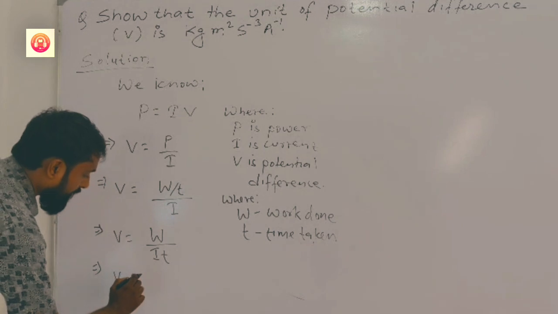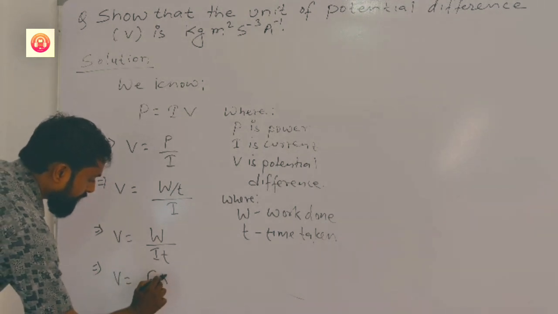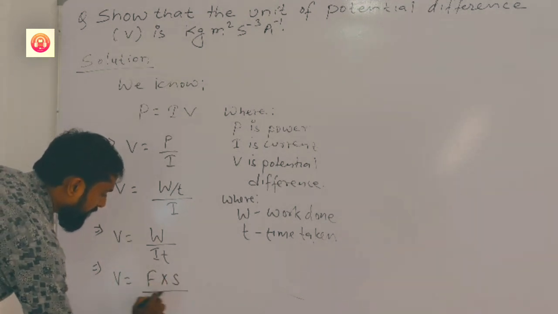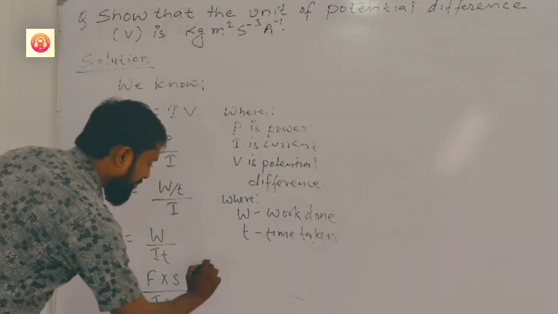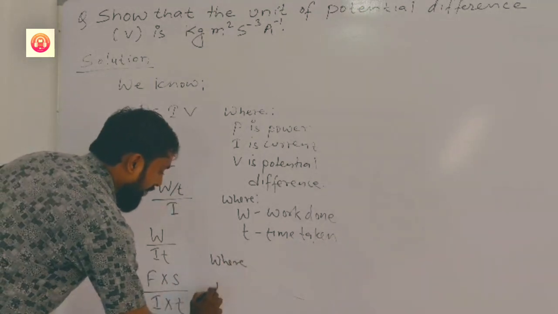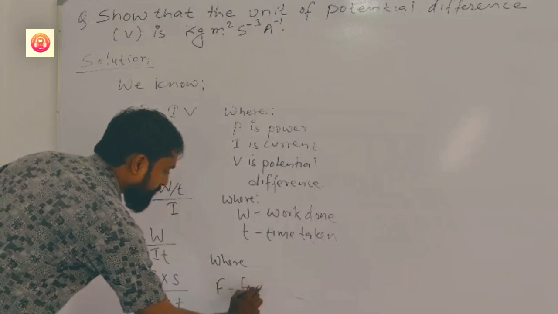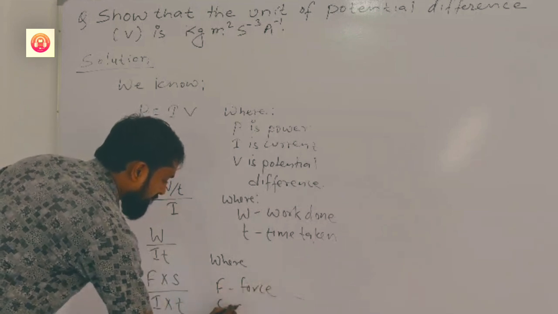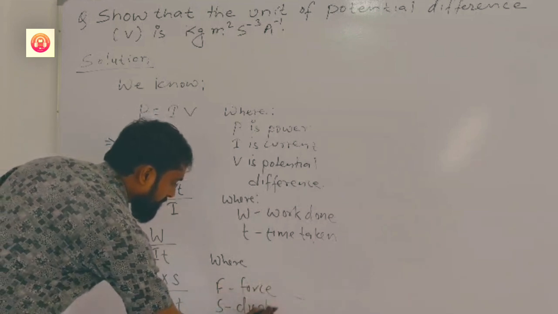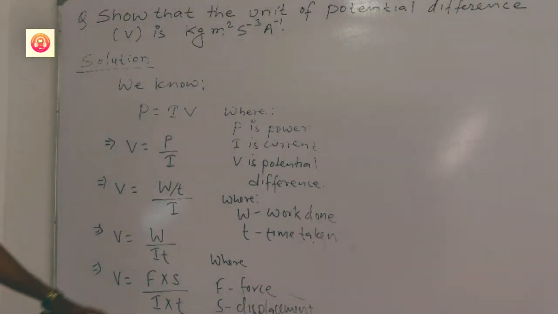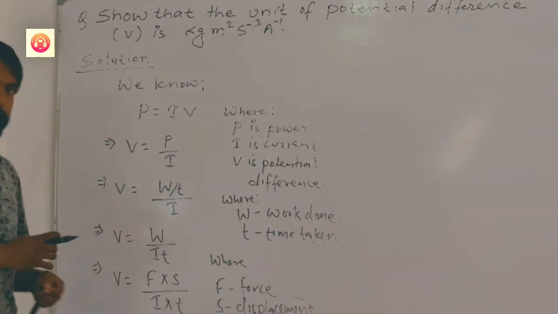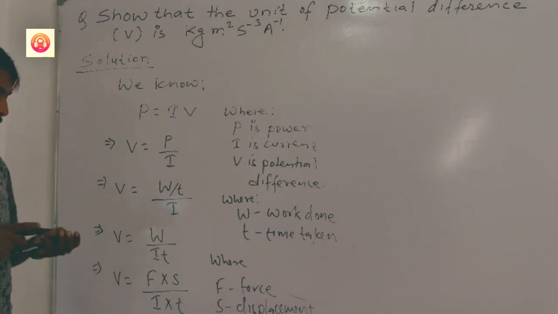So V equals force into displacement by I into T, where F is force and S is displacement. So here we have got displacement as a fundamental quantity and force as our derived quantity.